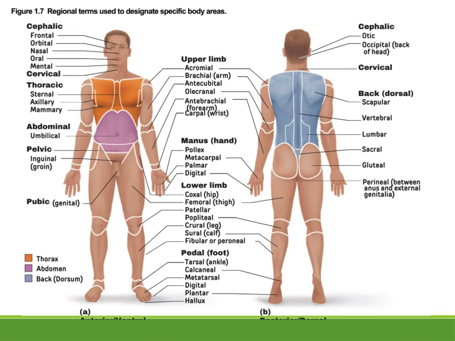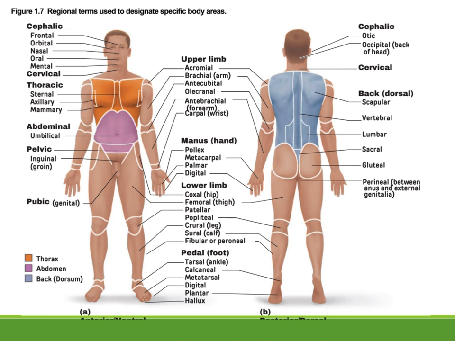The bend in your elbow is antecubital. The point of your elbow on the opposite side, kind of the hard bone, that is olecranal. Your forearm is between your elbow and your wrist, also known as antebrachial, because ante means before, and so it's before the brachial region. Your wrist is the carpal region. The bones in your wrist are also called carpals. And that brings us to the hand.